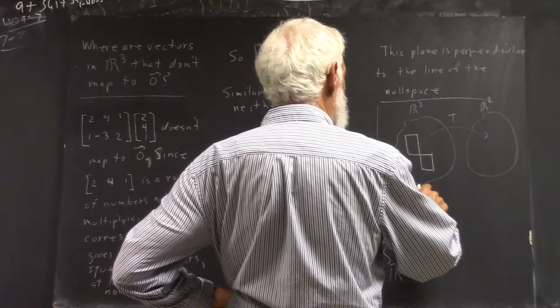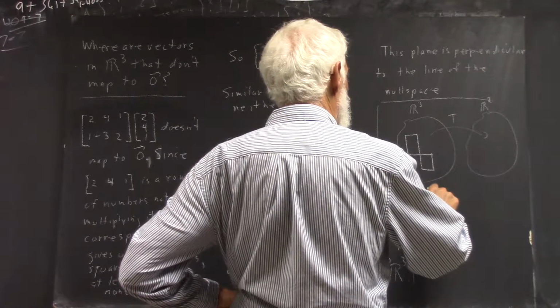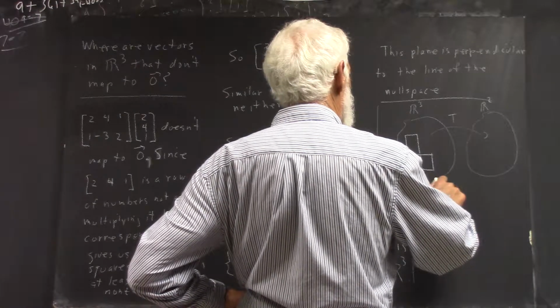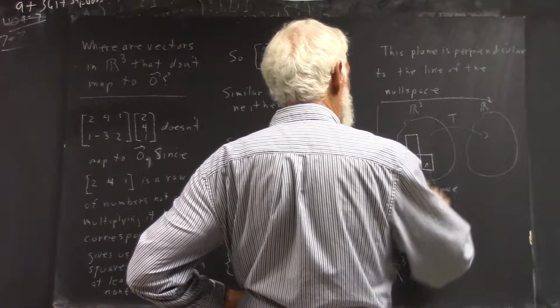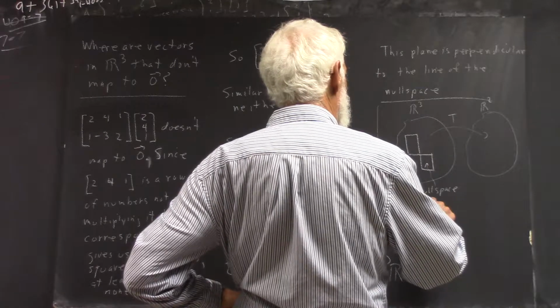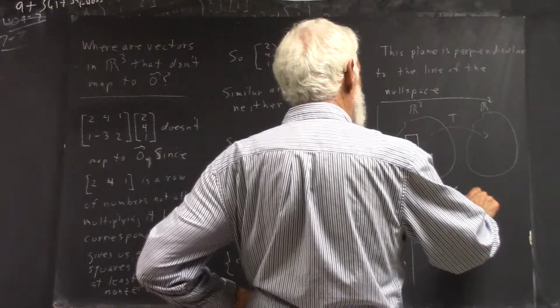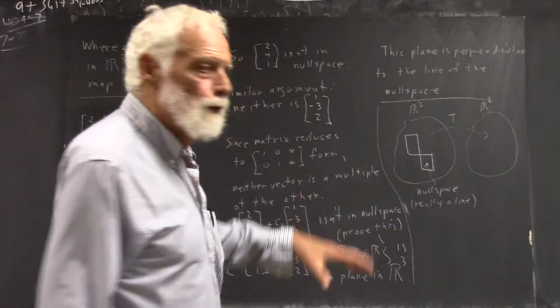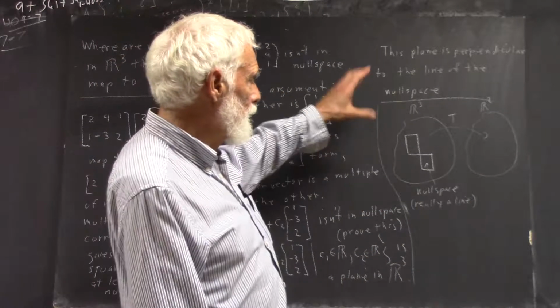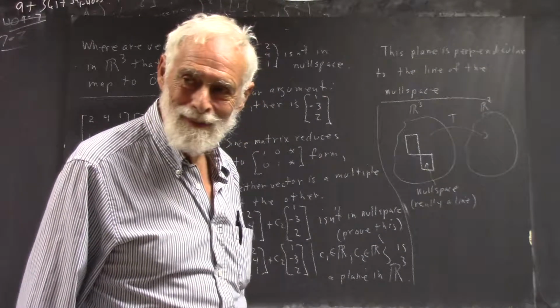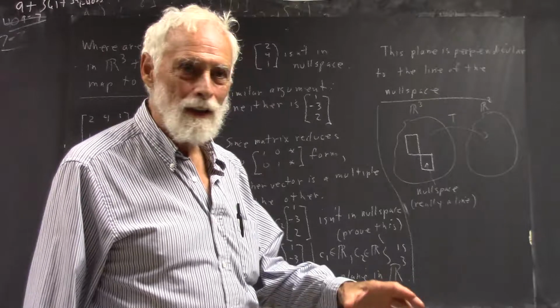This is going to be the null space. It's really a line, but we're going to use the same picture if we have R17 and R34, or R58 and R46.